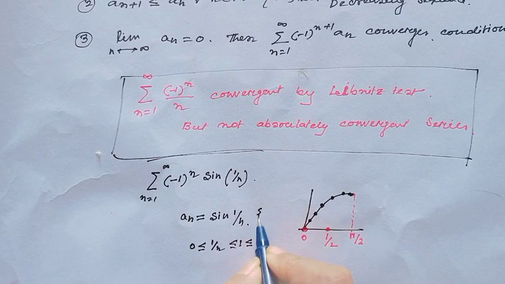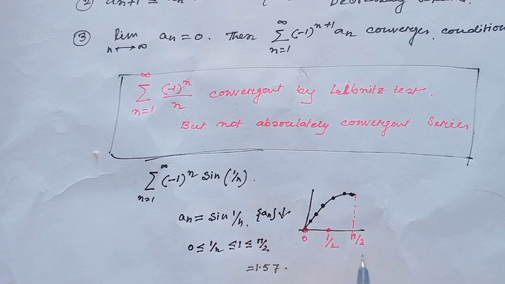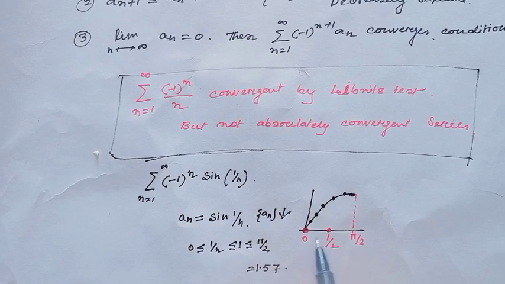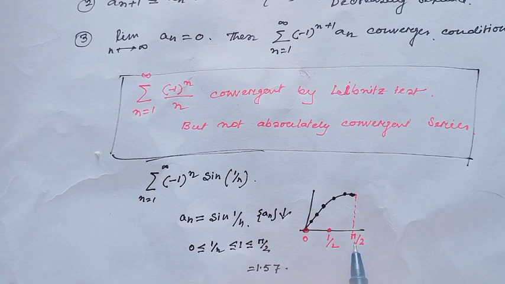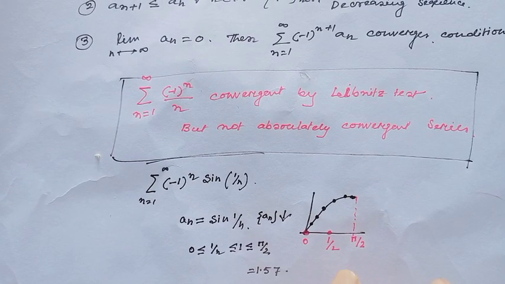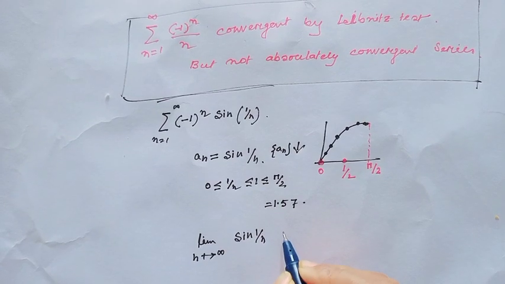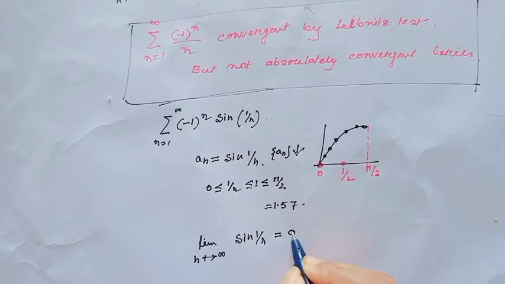The sequence an, which is sine 1 over n, is a decreasing sequence in the interval 0 to pi over 2, because sine x always lies between 0 and 1, and the limit as n tends to infinity of sine 1 over n equals 0.